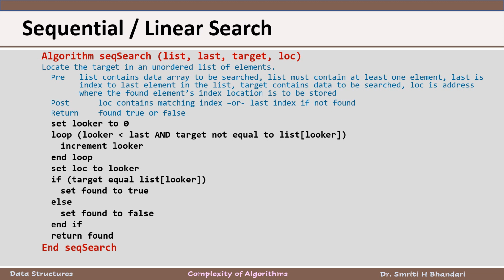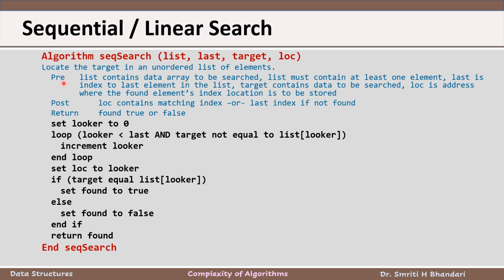Let's see now one algorithm and how to compute the complexity of the algorithm. So here is the algorithm that is meant for sequential search or linear search. So we are following all the norms to write the pseudocode. So this is the pseudocode for sequential search. So we are locating the target in an unordered list of elements.